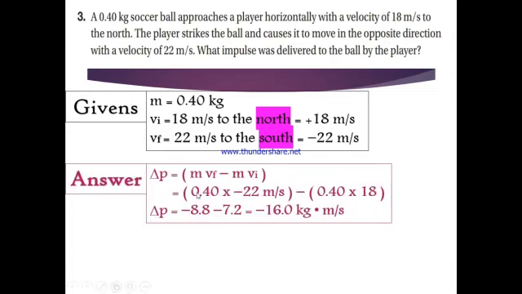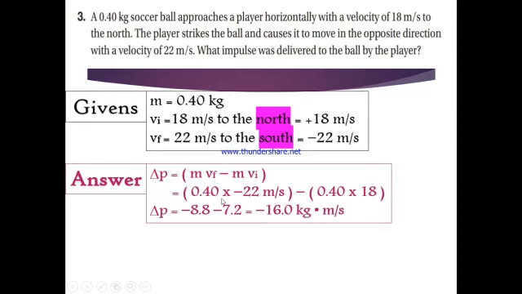First, he used this formula, which is change in momentum, which is impulse. Remember that the impulse equals a change in momentum, and change in momentum here, which is delta P, equals mass final velocity minus mass initial velocity.